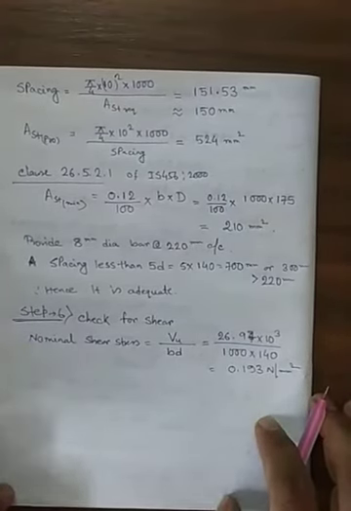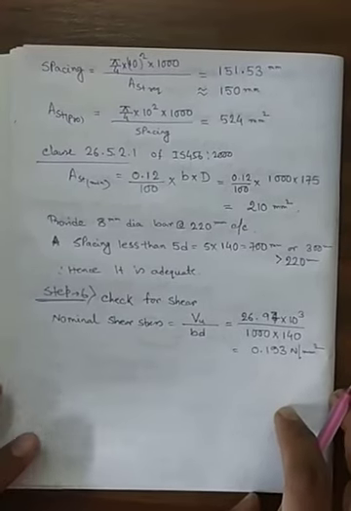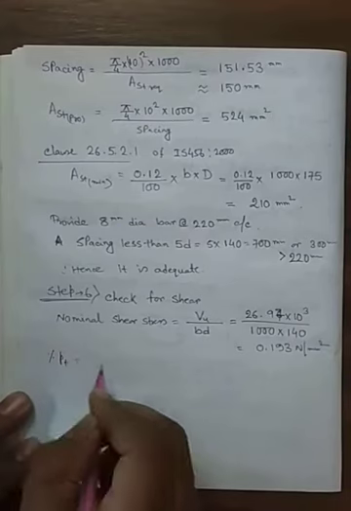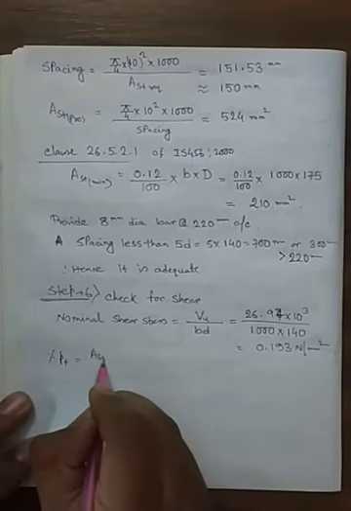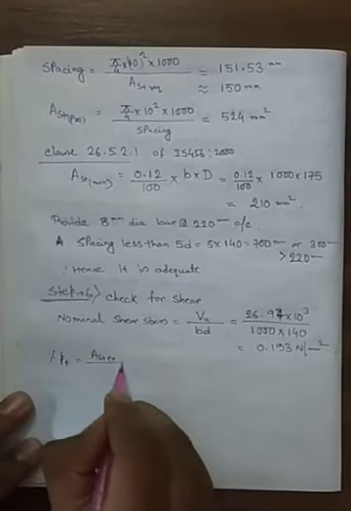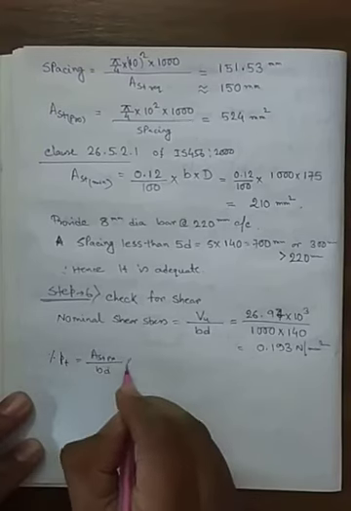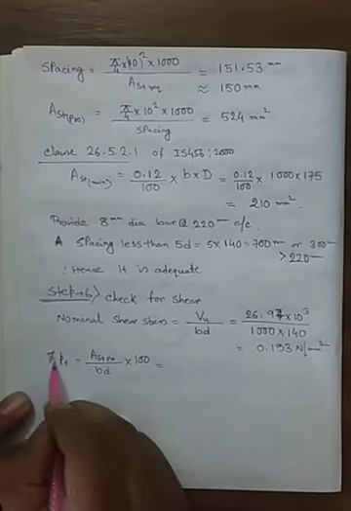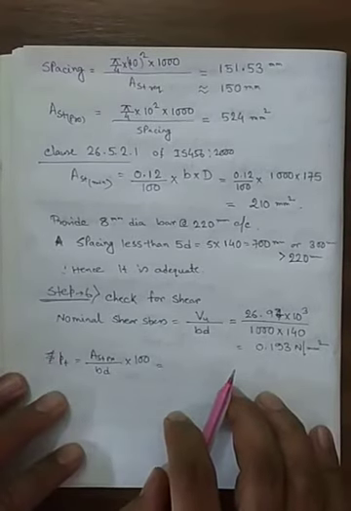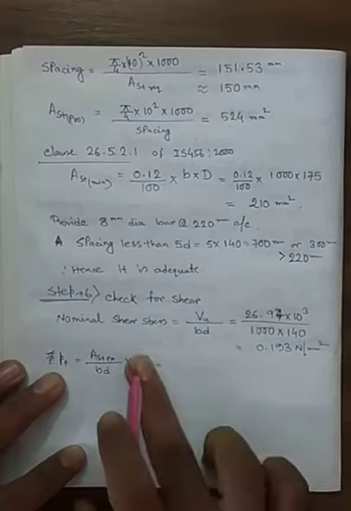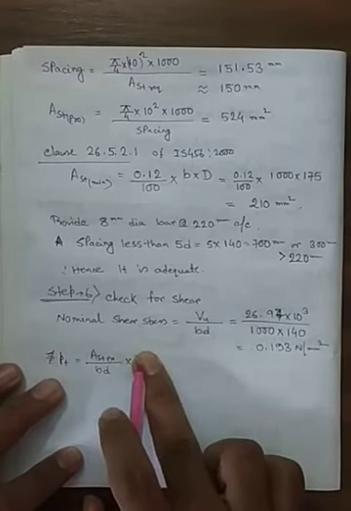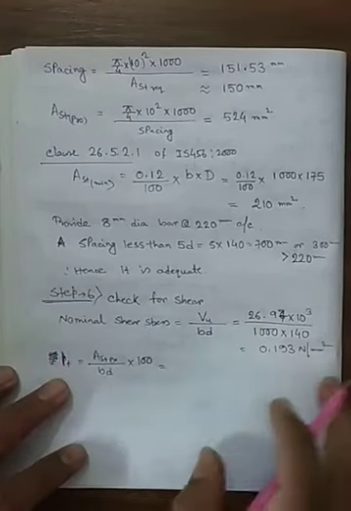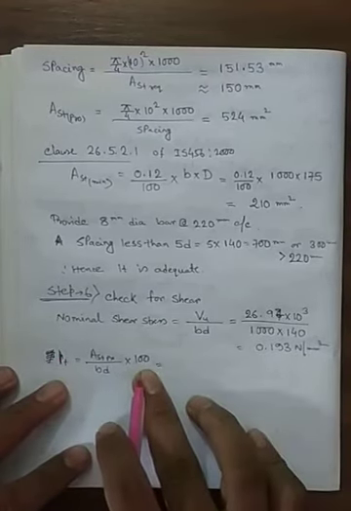Now in the next part we have to calculate our percentage of PT. What is percentage of PT? It is nothing but our AST provided divided by BD, and this is percentage, so we multiply by 100. If we denote it as percentage, then neglect this 100, and if we represent it as the amount of PT, then multiply by 100.